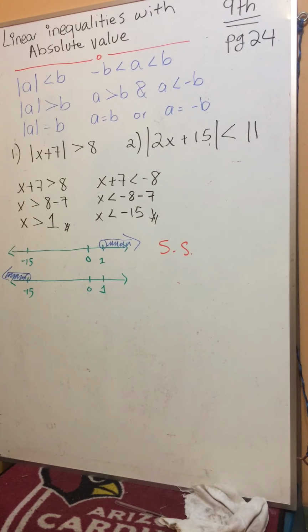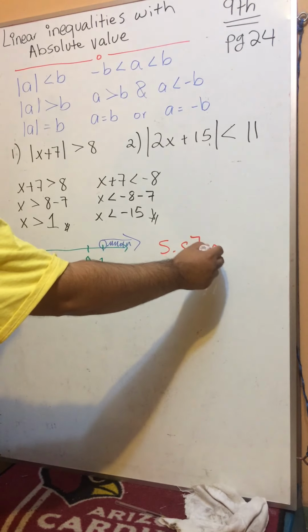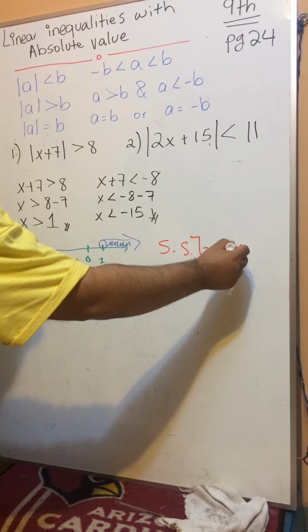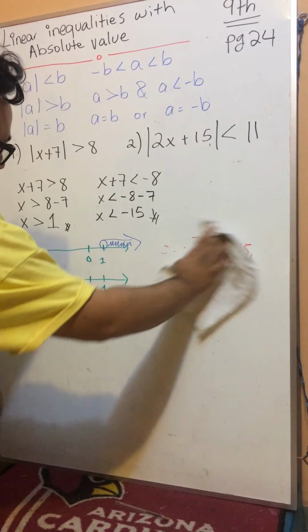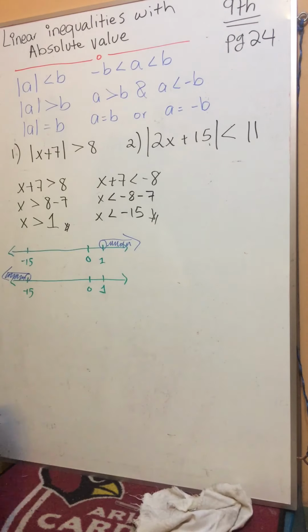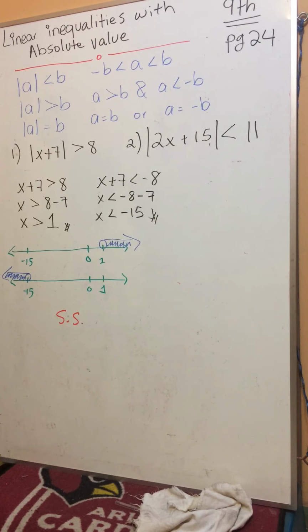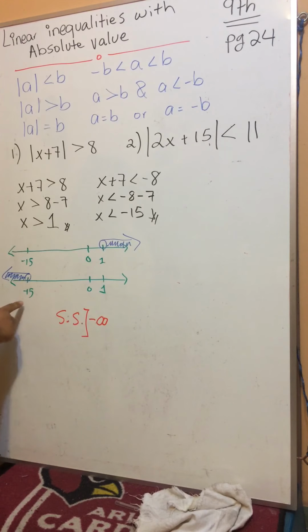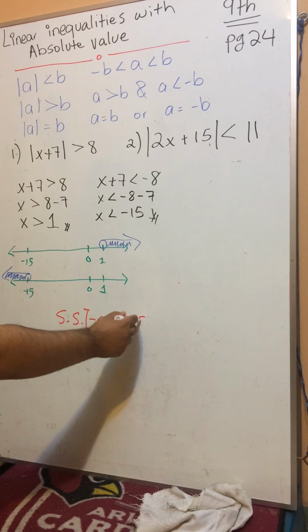So a solution set for this one would be coming from negative infinite, not included, because infinites are never included, up to negative 15. Let me put it here. Our solution set is going to come from negative infinite, not included, to negative 15, not included.